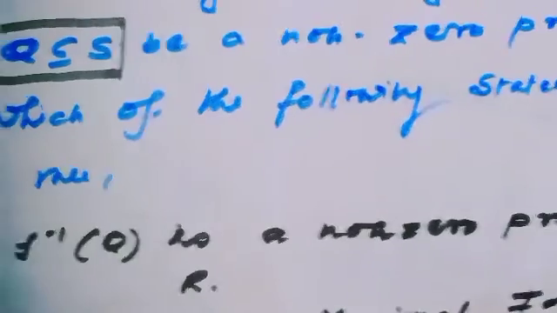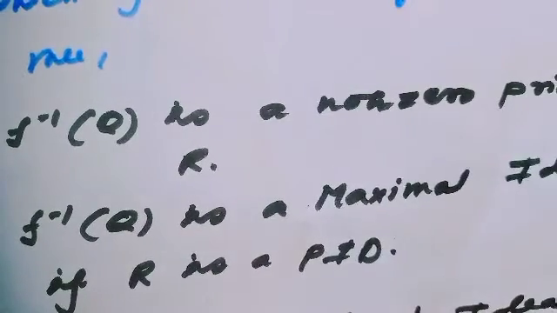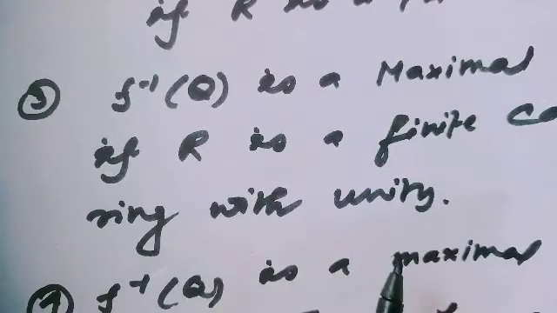Option 1: f inverse of Q is a non-zero prime ideal in R. Option 2: f inverse of Q is a maximal ideal in R if R is a PID. Option 3: f inverse of Q is a maximal ideal in R if R is a finite commutative ring with unity.